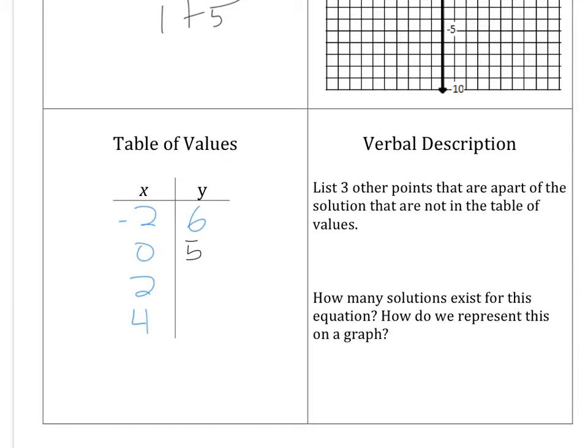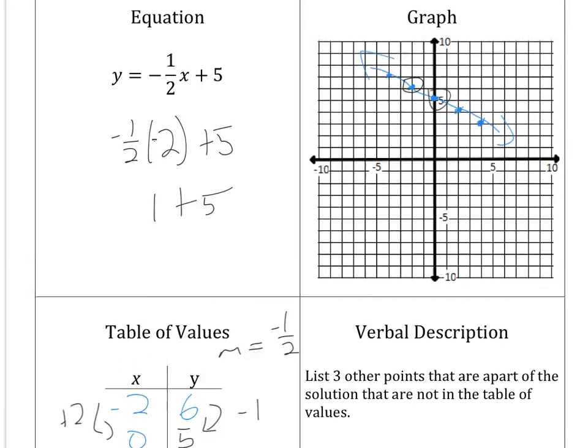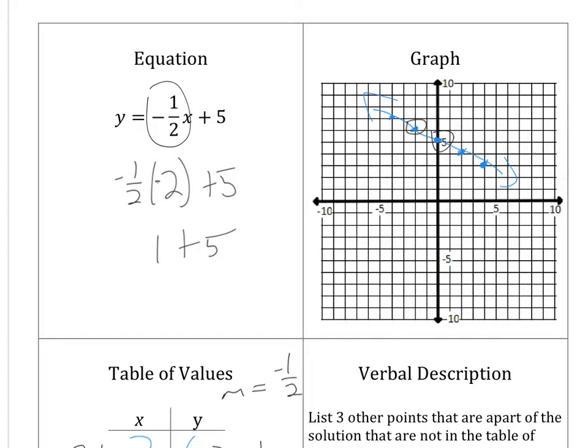And when we were talking about table of values, we said we can start to notice patterns here. I'm seeing that as I'm going down by y, I'm decreasing by 1, and as I increase x, I'm adding 2. Well, that looks like a slope, a change in y divided by change in x. M equals -1 over 2. Well, that's what our slope is in this equation here, -1/2.